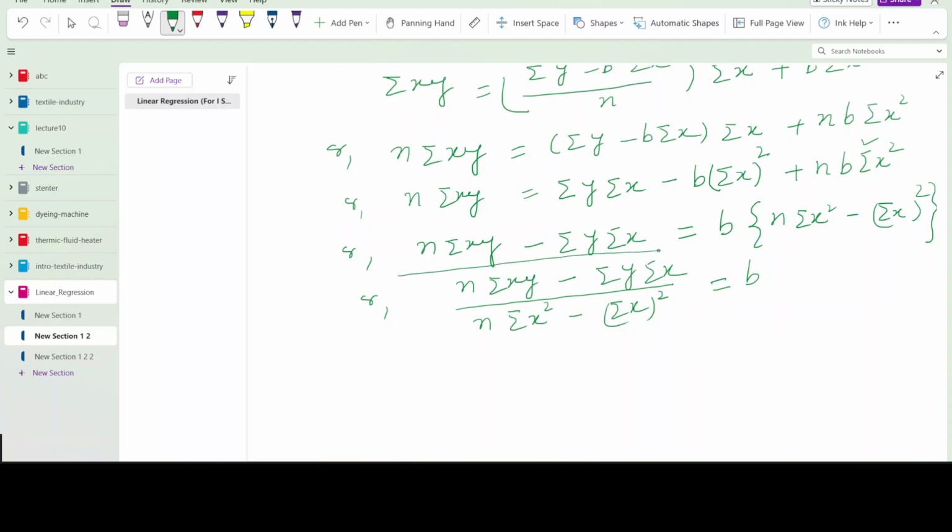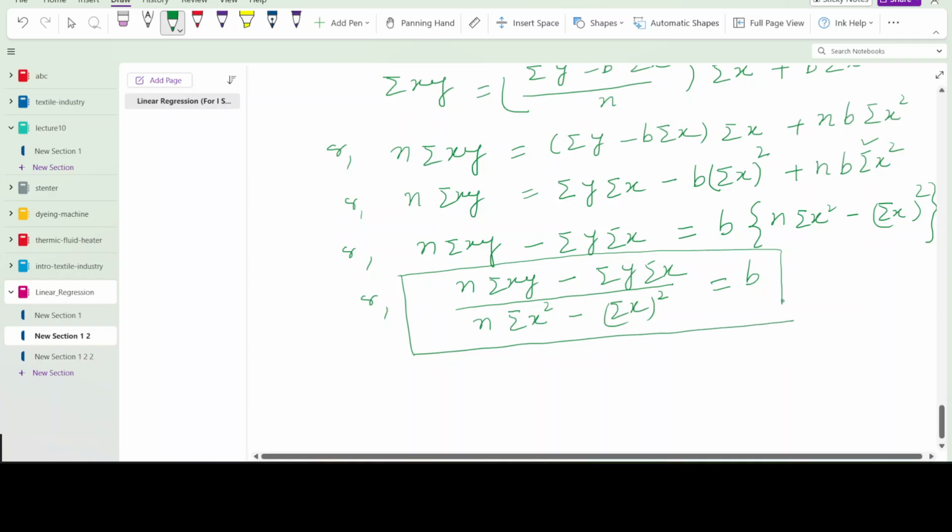This is a very important equation. Thus we have found the values of a and b. b is known as coefficient of regression.